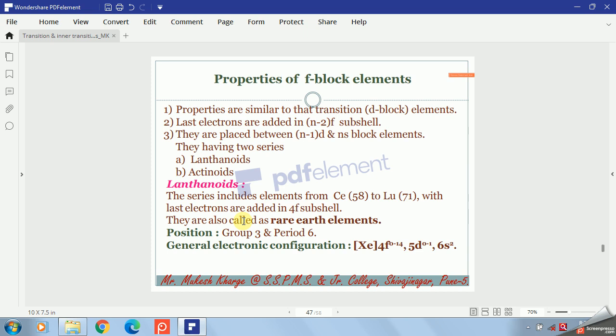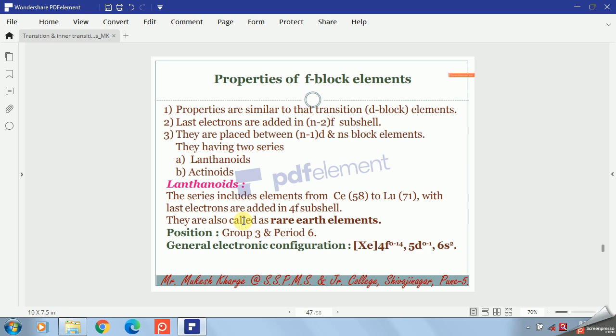Initially these elements were also known as rare earth elements. They are fairly abundant in the earth's crust. The name rare earth elements was coined because of the difficulty in extracting them economically in pure form from the other lanthanides having similar chemical properties.